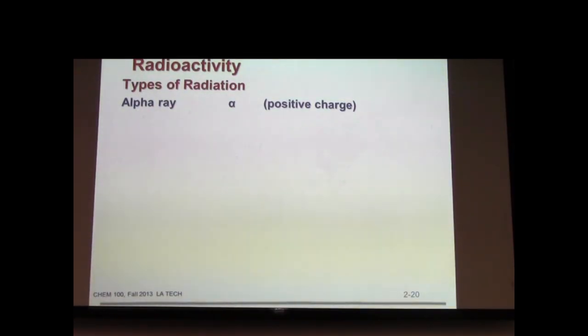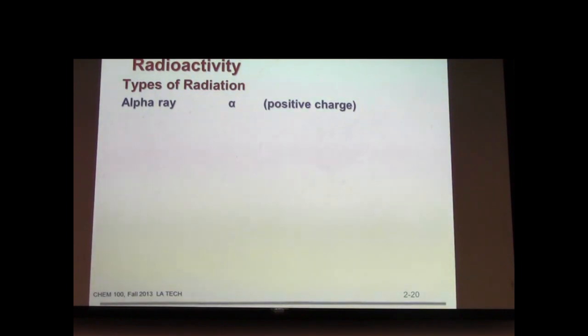Alpha particle is a helium nucleus, because a helium atom has 2 electrons. They stripped off 2 electrons, you get an alpha particle, right? This 2 plus, okay? You can write down that alpha particle is helium. Now this is a heavy particle, all right?